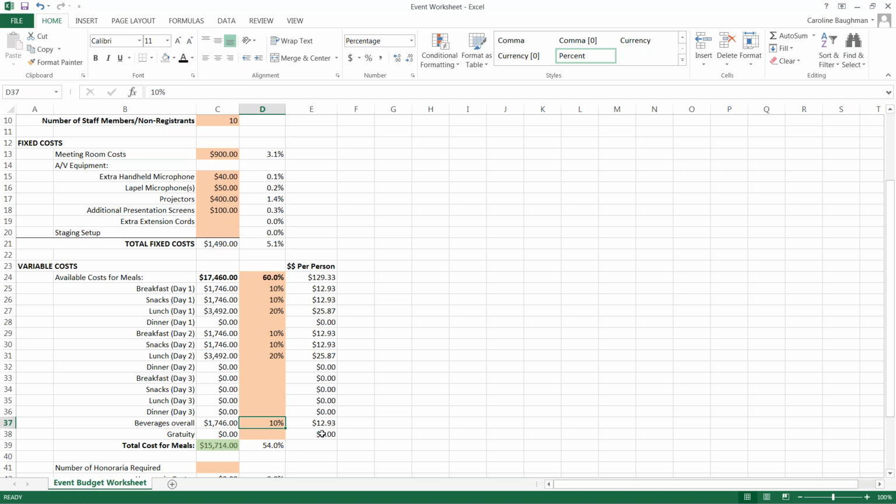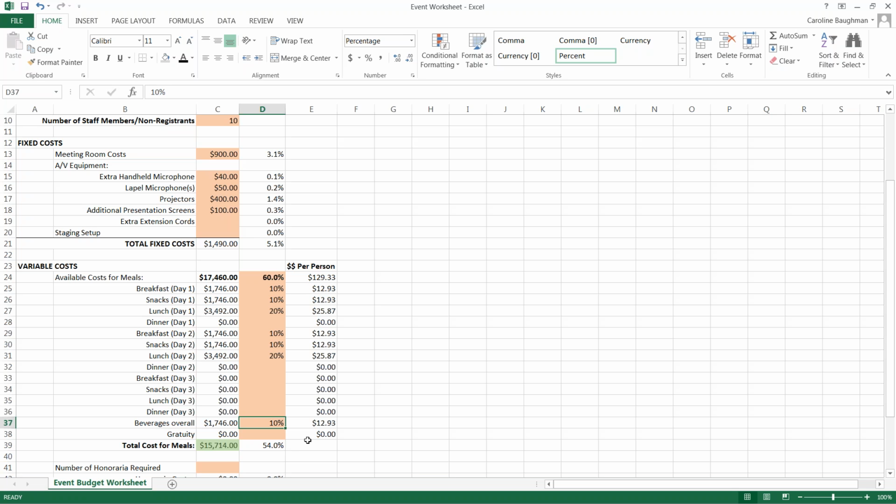You can also set it up so it goes off dollar amounts as well. However works for you. This is kind of helpful for us because it gives us a budget to work within when we're picking those meals.